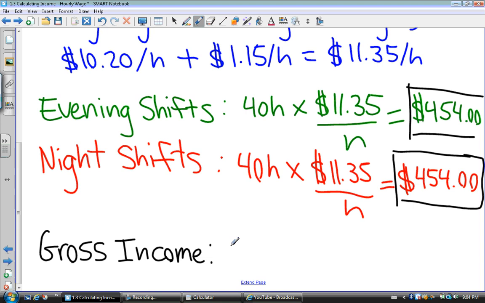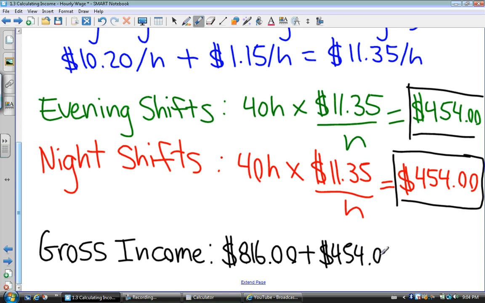So his gross income for the month is going to be $816 plus $454 plus $454.